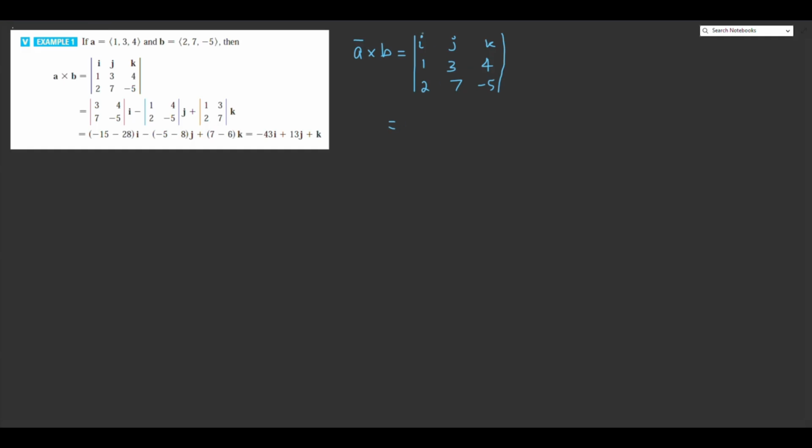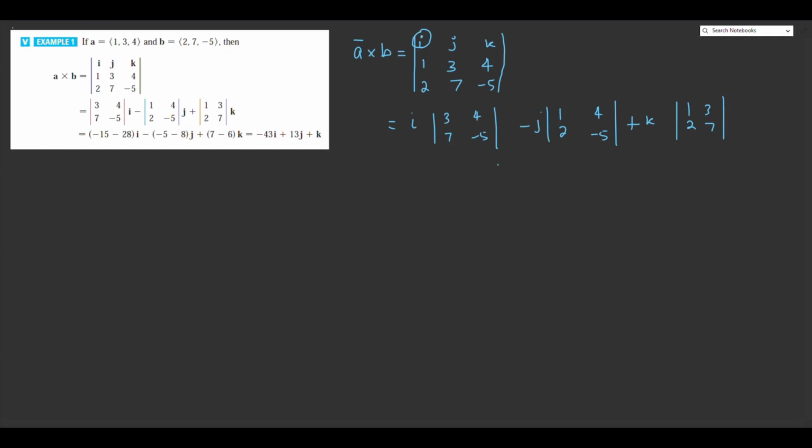You can put a circle around this i and it will give you the determinant 3, 7, 4, minus 5, and then minus j, 1, 2, 4, minus 5, plus k, 1, 2, 3, 7.